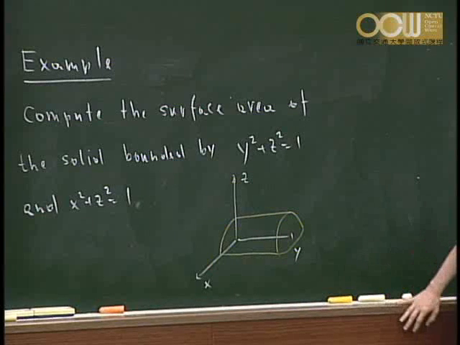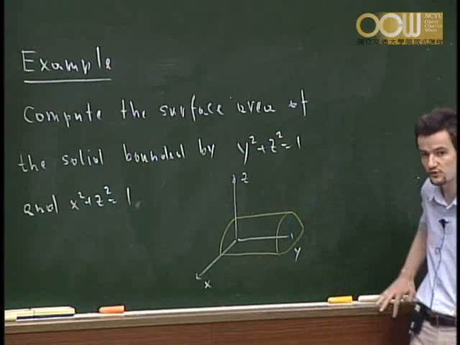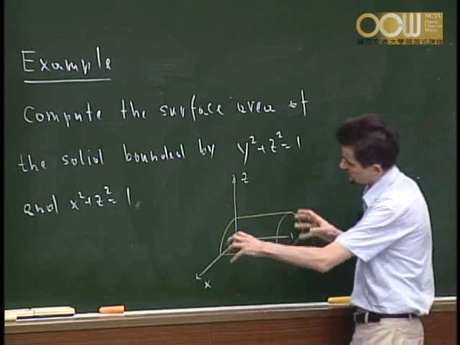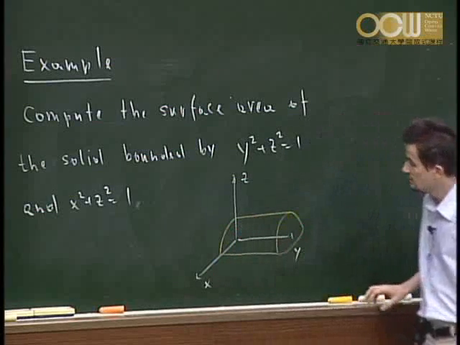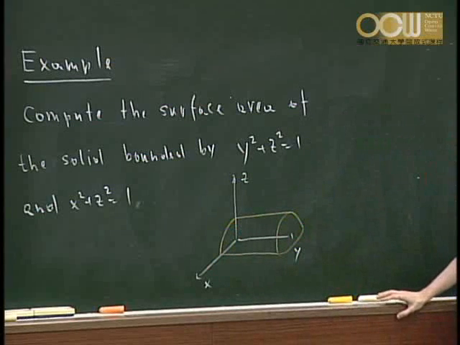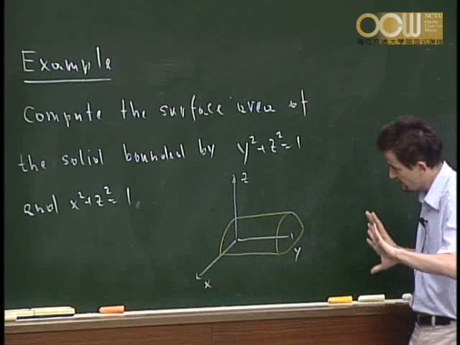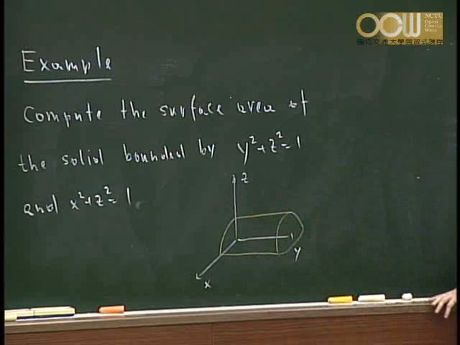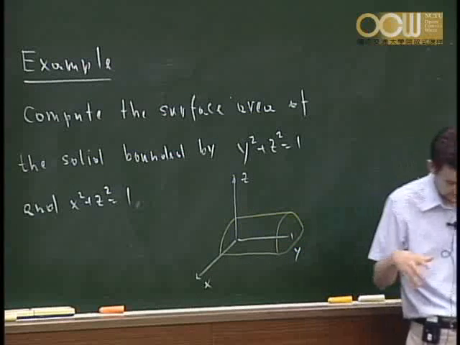Now we discussed this problem already last time, and we saw that it's better to interchange the role of y and z here. The same for the surface area. If you project the solid onto the xz plane, what you see is just a circle. If you project the solid onto the xy plane, of course, what you see is a square.